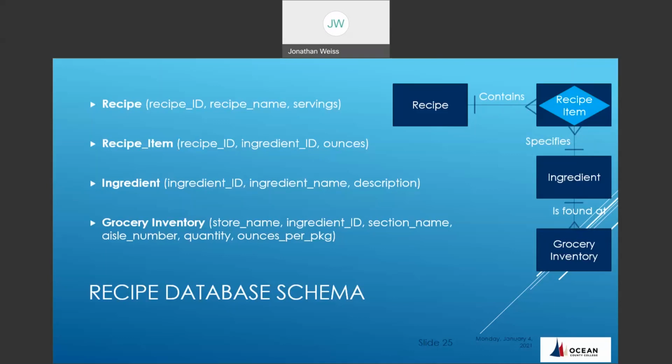All right, what are the candidate keys for ingredient? Beautiful. Both of those could be candidate keys. We wouldn't need them both together, but we need one or the other, right? Good answer.